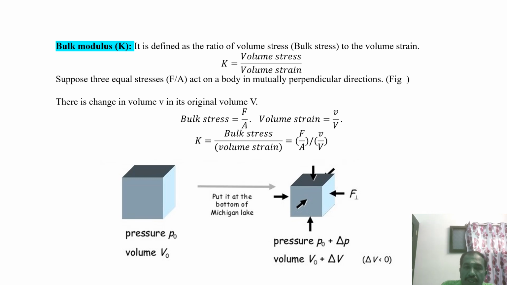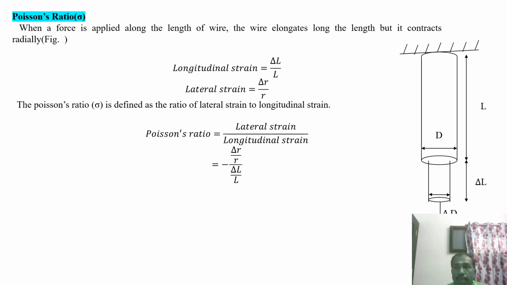Another one is called Poisson's ratio. For Poisson's ratio we cannot concentrate on the stress of the body, but on the strain happening inside the body. Consider a wire of length L, with a force F or W applied on that wire.